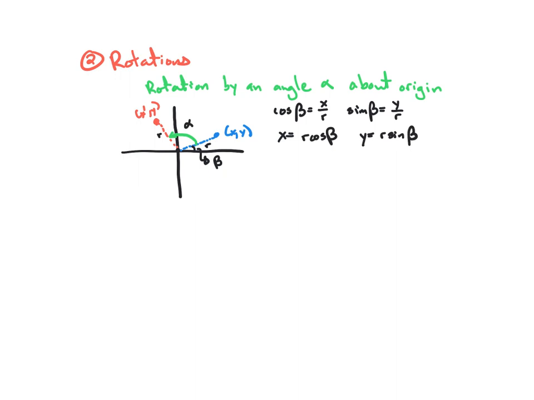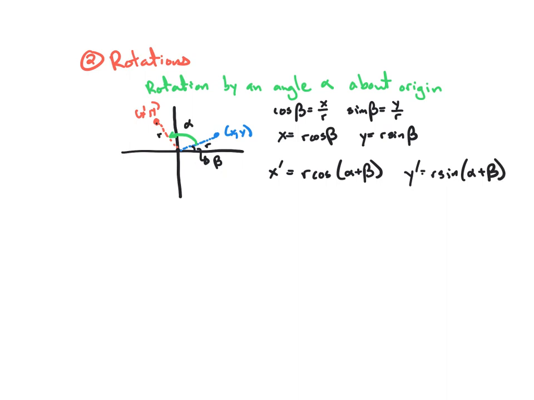Well, similarly, if we look out here at x prime, y prime, x prime should be r cosine of the sum of those two angles, alpha plus beta, and y prime should equal r sine of alpha plus beta.